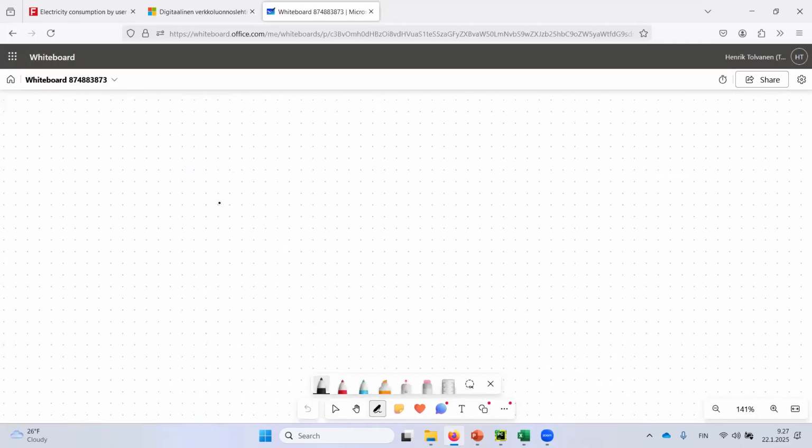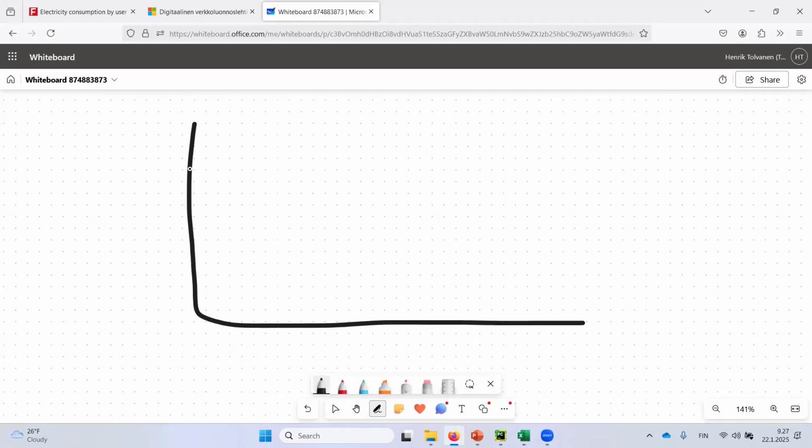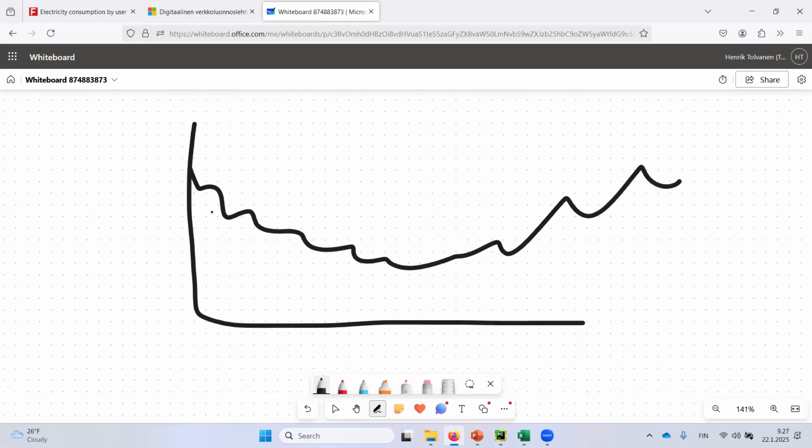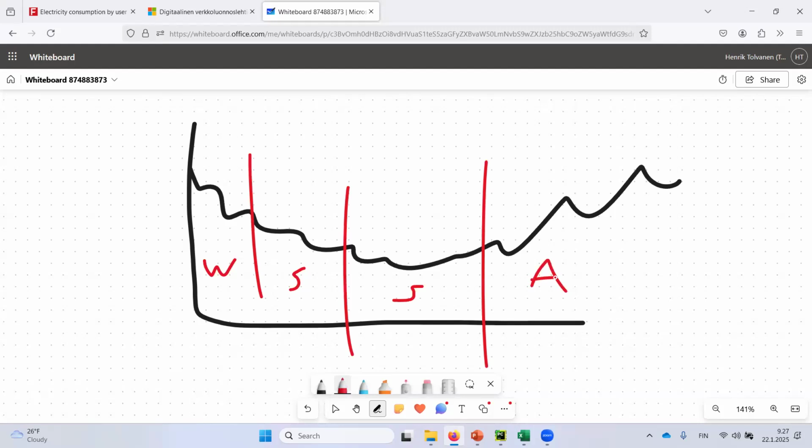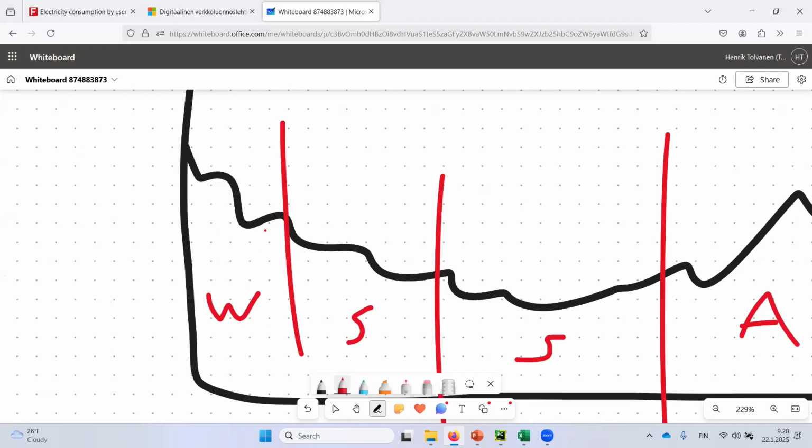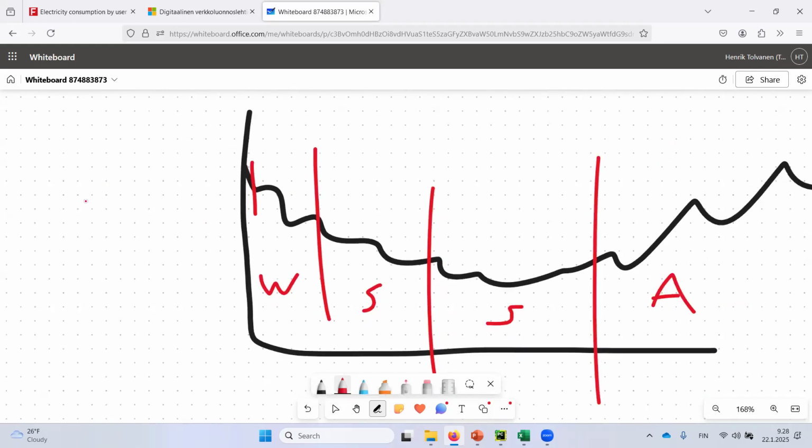First of all, in the Python code, when you have the consumption in here, I divide it into 4 seasons. So there's winter, spring, summer, autumn. Then these seasons, I divided into weeks, in a way that every weekday has its own mark.